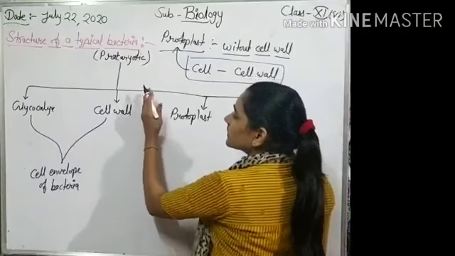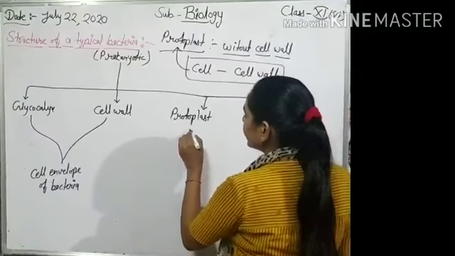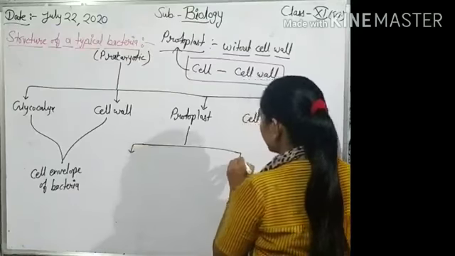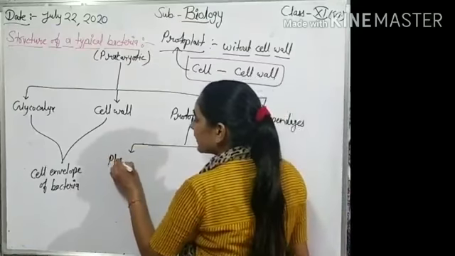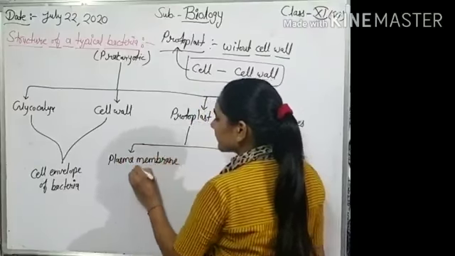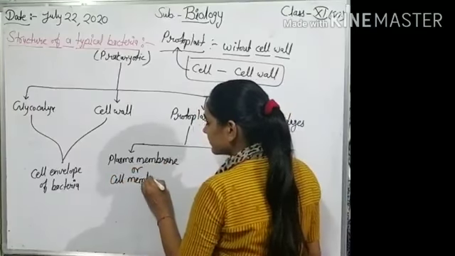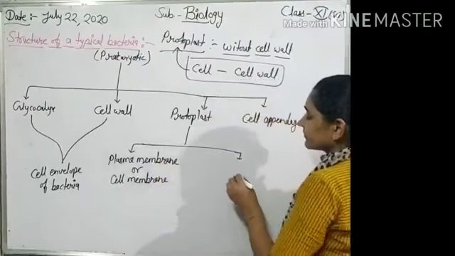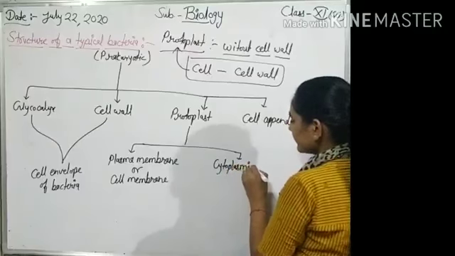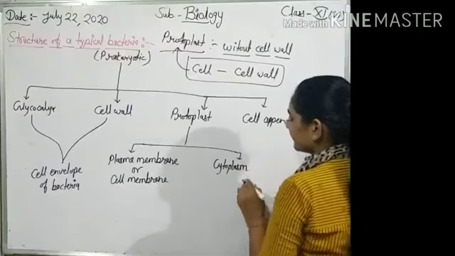So the cell wall is part of the cell envelope, and the remaining part is the plasma membrane or cell membrane of bacteria, and cytoplasmic contents or cytoplasm.